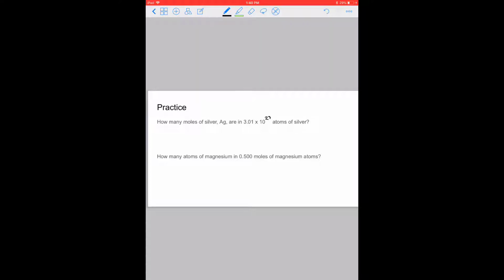So in this first problem here, we're just going to follow dimensional analysis. We're going to start with what we know. And we know that we have 3.01 times 10 to the 23rd atoms of silver. So we draw our fence and our rail here. And we know that on the bottom, we're going to have atoms because we know that atoms will cancel with atoms. And what we're trying to find is moles of silver.